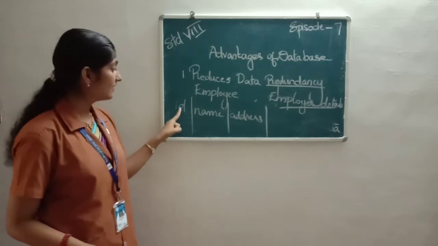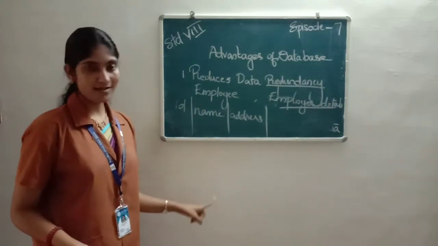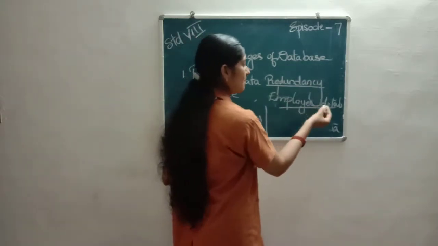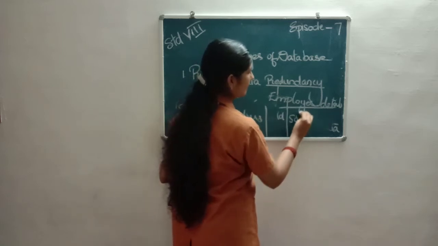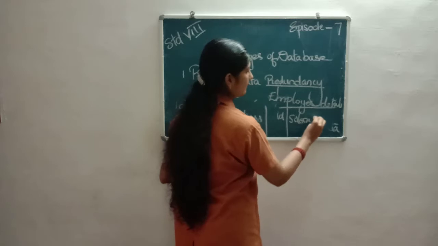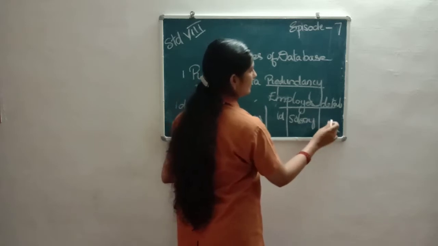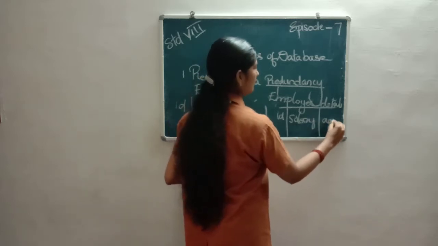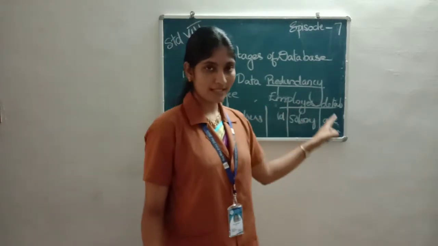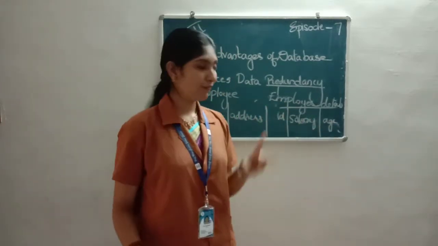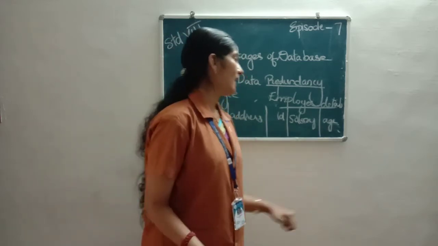And another table, employee details, contains ID, salary, and age. So another table, its name employee details, which contains three fields: ID, salary, and age.